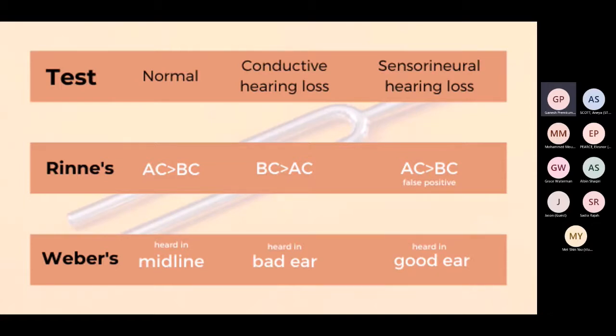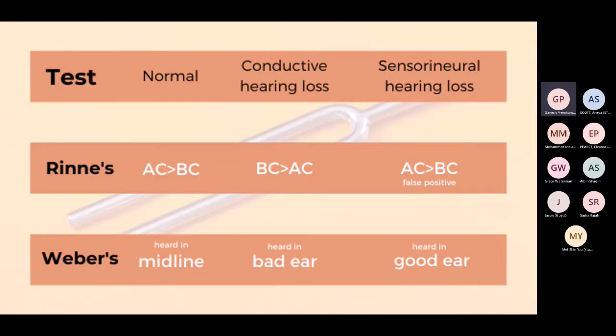So you might say, okay, air conduction is better than bone conduction in Rinne's. That's fine. That's what I would expect in a normal person. Great. You go on to do Weber's, but then Weber's actually lateralizes to one side. Now you wouldn't expect that. You wouldn't expect that because you may think air conduction is better than bone conduction in each ear or one ear.